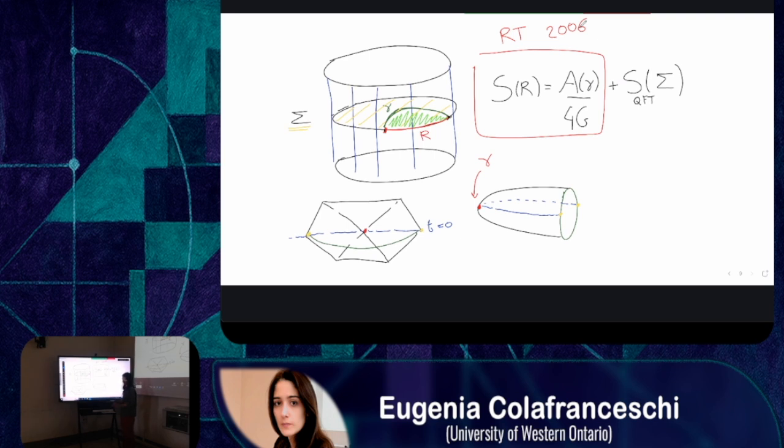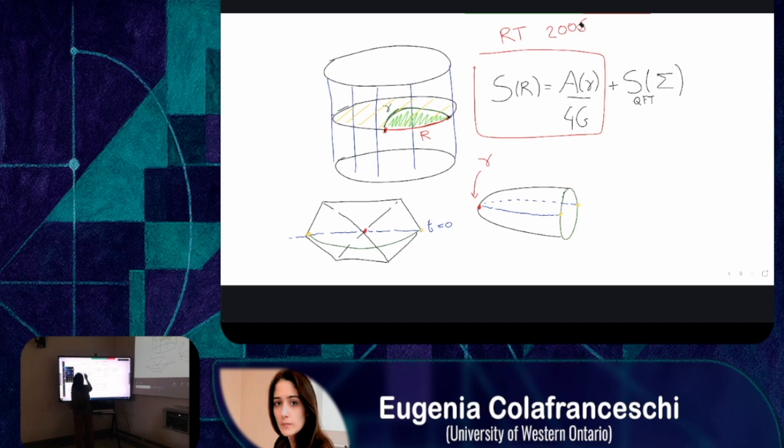So instead of doing just the gravitational path integral, you do the path integral and you add the quantum field theory. So when you sum over geometries, you also sum over the quantum field theory configurations. And what you find is that you need to add to this term a correction, which is the von Neumann entropy of the quantum field theory on some region sigma. This is a bad notation because I called sigma this.